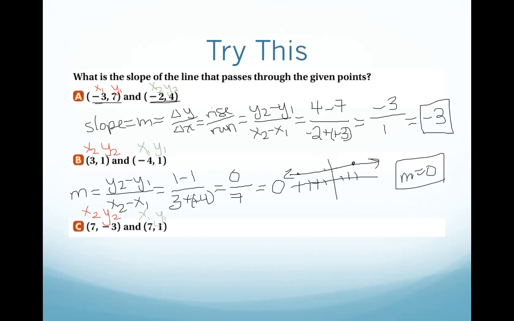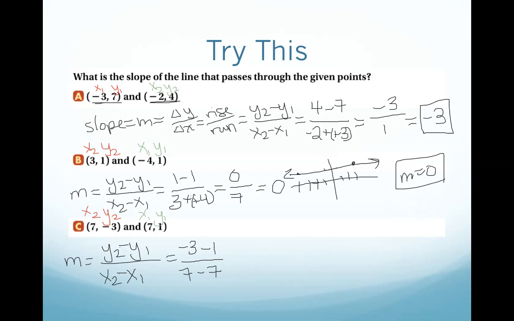And if you did it the other way, that's absolutely okay. To find the slope, I'm subtracting y2 minus y1 divided by x2 minus x1 equals, okay, so y2, that's my -3, minus y1 is 1, divided by x2 is 7, minus x1 is 7.